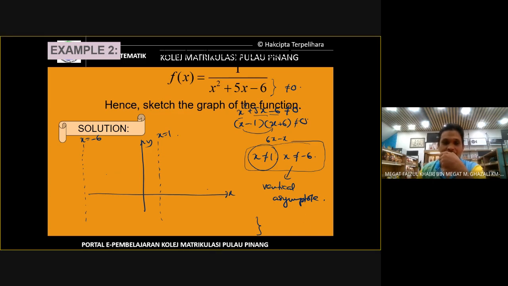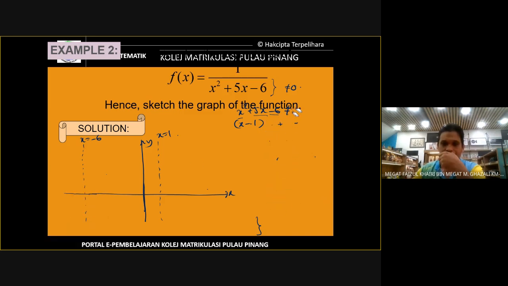So now class, when x is approaching: limit of x approaching -6 from the left, 1 over x squared plus 5x minus 6.